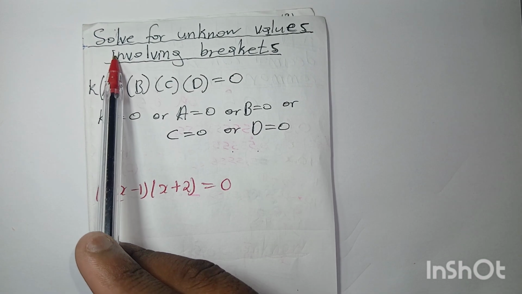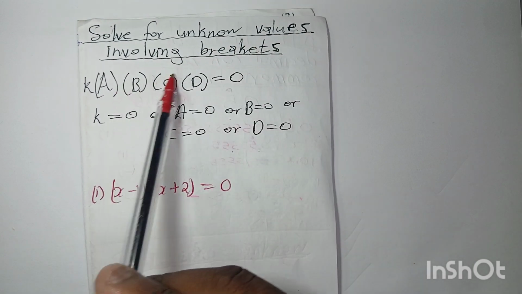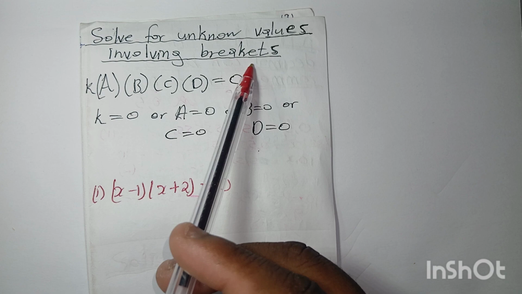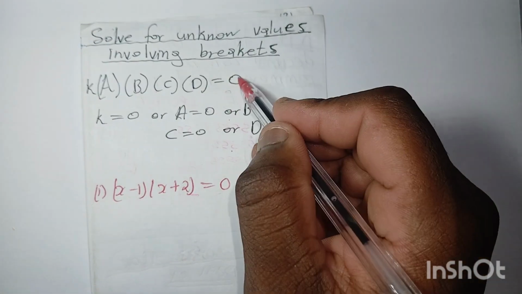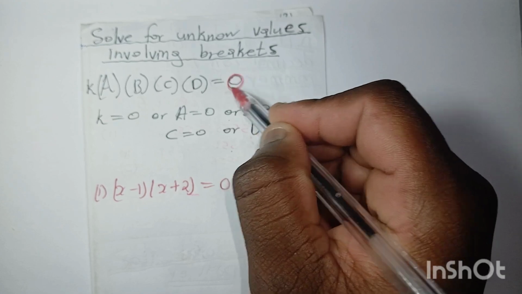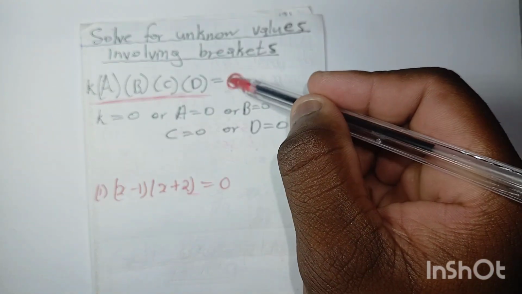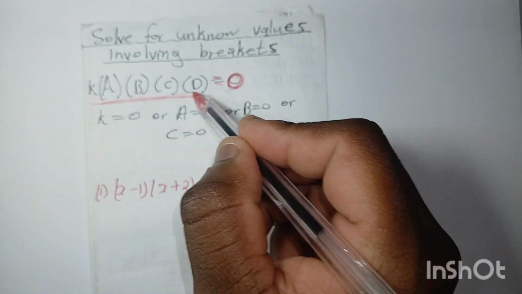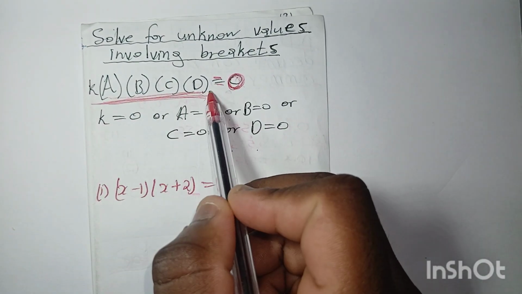So guys, you should be able to solve for unknown values involving brackets. If your unknown values are inside the brackets and 0 represents that equation, meaning 0 is equal to this equation, do you understand?